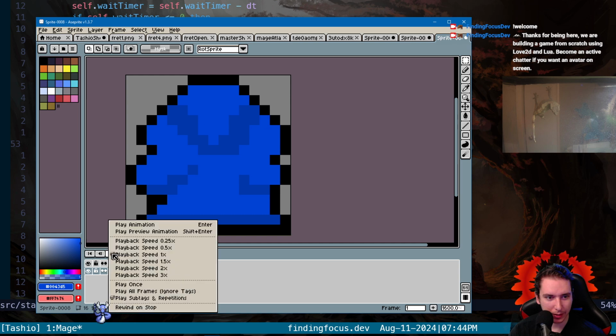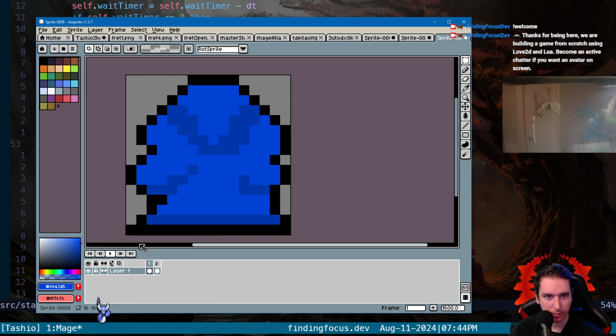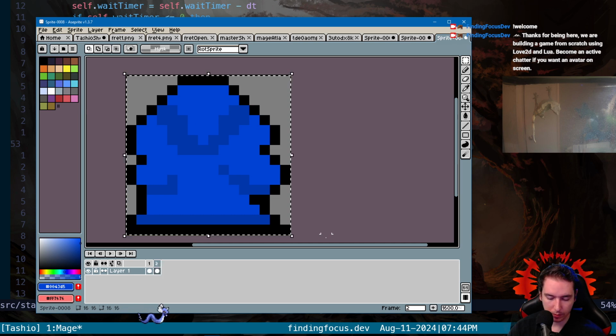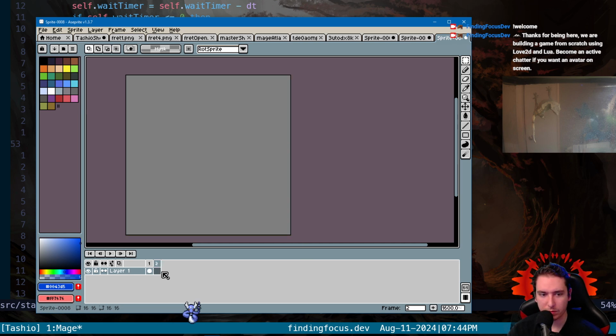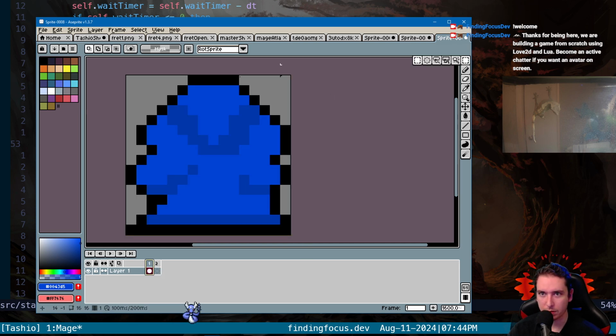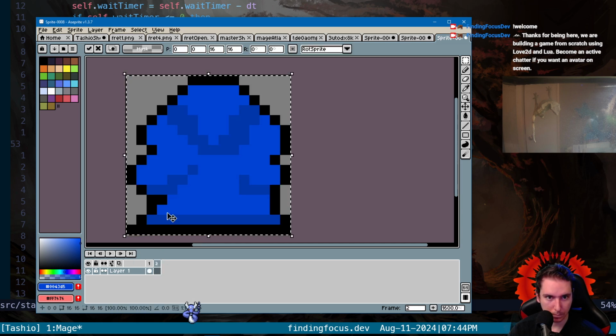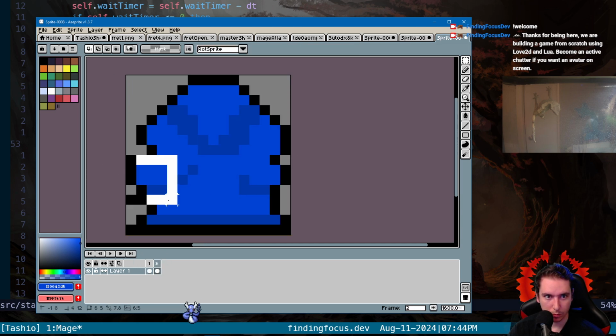I kind of feel like it might need to do the bob down. Yeah, it looks like too much movement. I think let's try to just get his elbows switching and see how that looks. So all we'll do is switch these two spots.